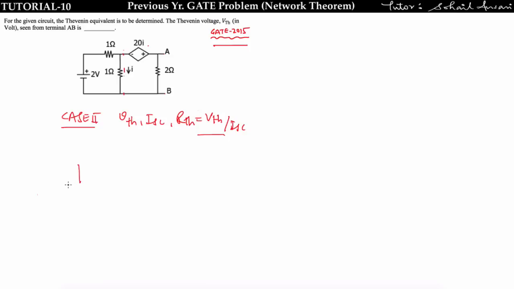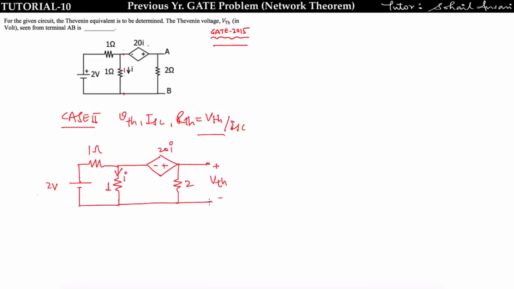Let us draw this circuit. This is 2 volt having 1 ohm. Since this is open circuited, we are finding only one node.